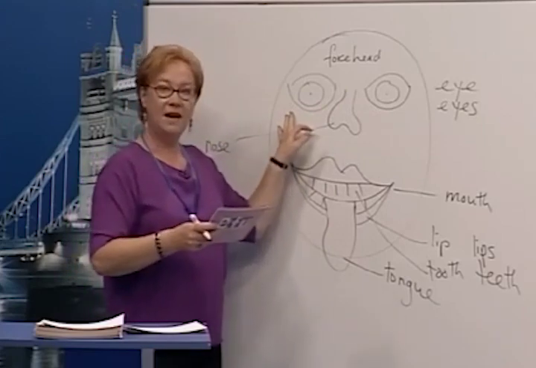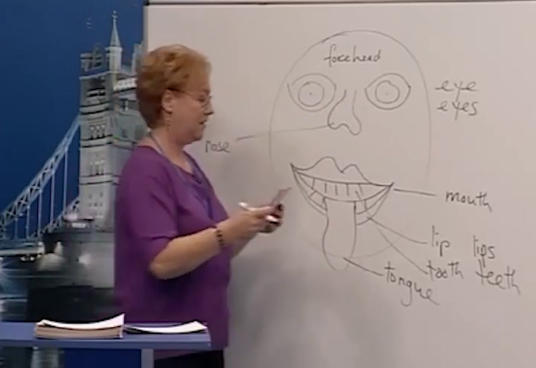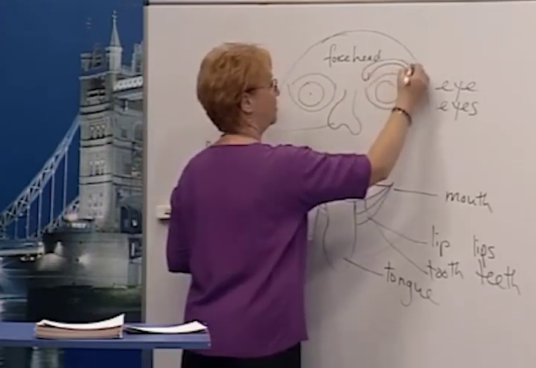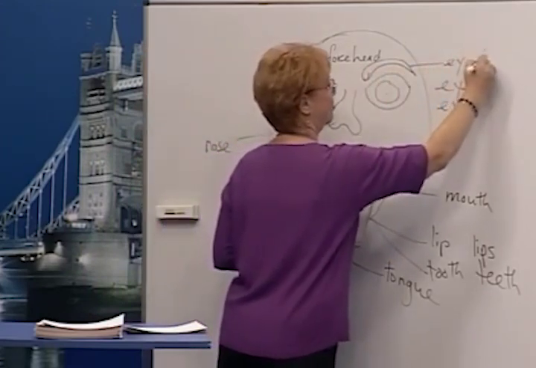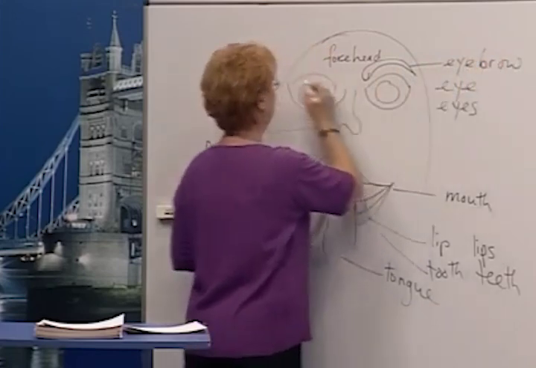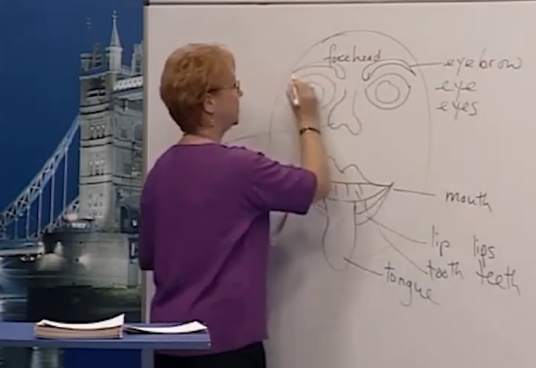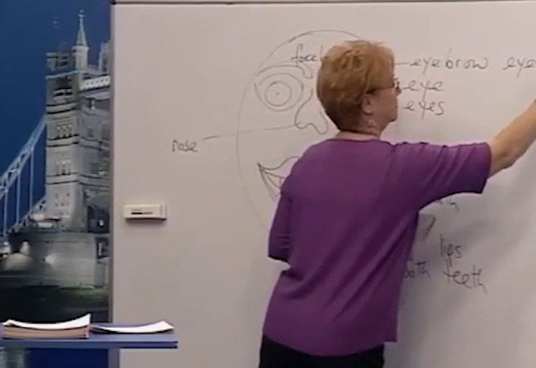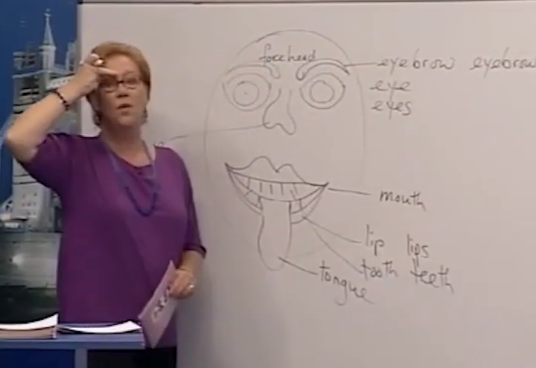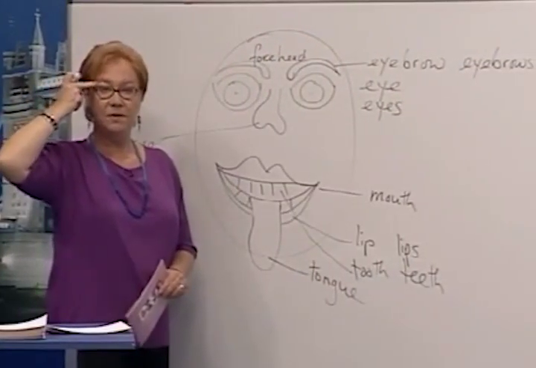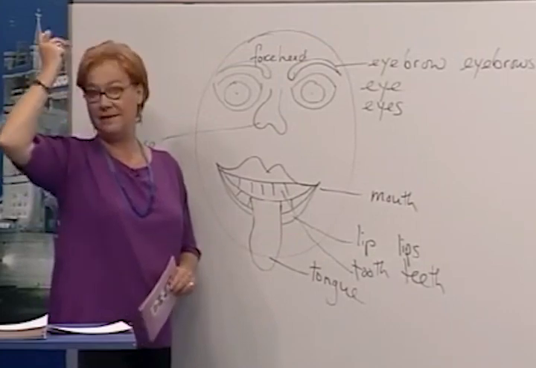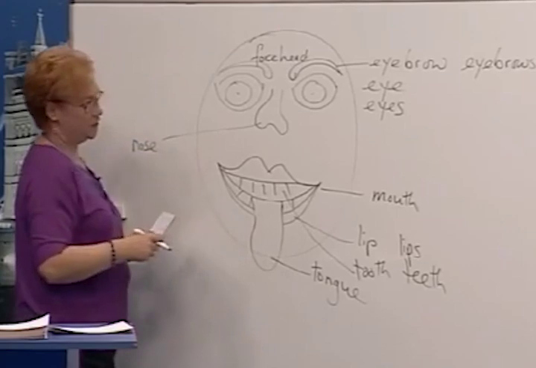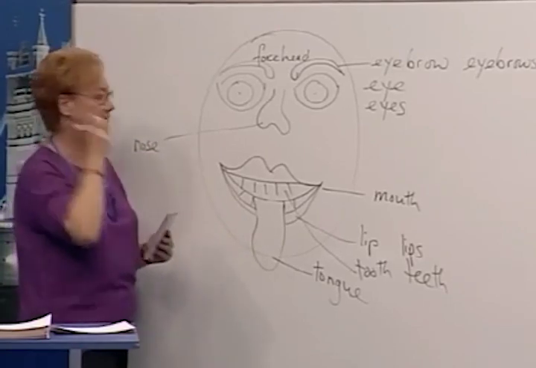Now, over the eyes, we have the eyebrow. Eyebrow. We have two eyebrows. Okay? One eyebrow, two eyebrows. Now, on this beautiful face, we have the cheeks.